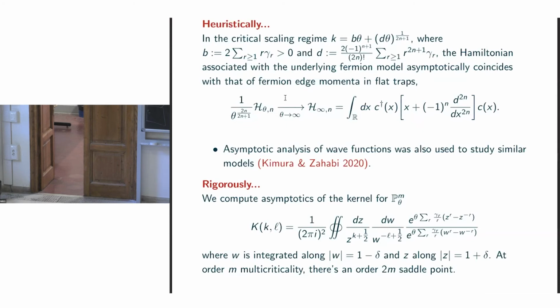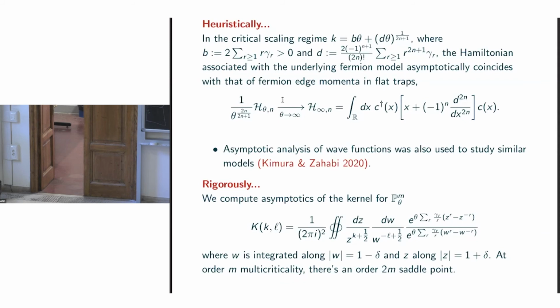But rigorously, what we did was we looked at what happens with the kernel. And here, having this order m multicriticality affects the asymptotics we're doing for the kernel. So here we just have an action, and it's kind of a path integral as theta goes to infinity. We're just finding some third path here.